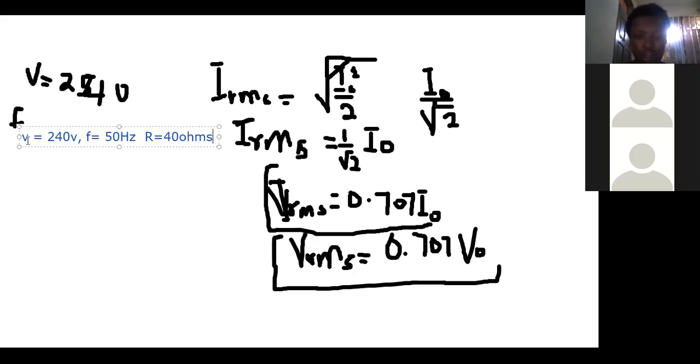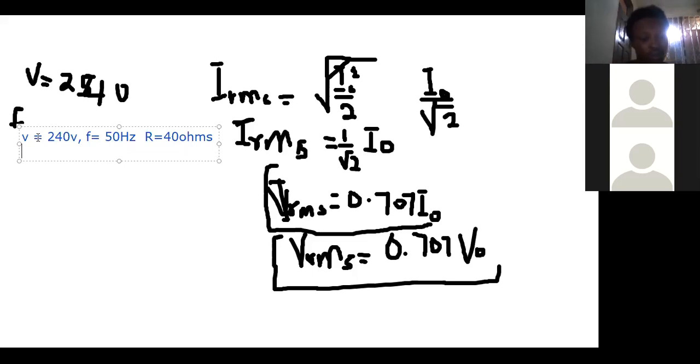The question says you should find the peak current. Now bear with me, looking at this, the peak voltage will be V naught. The V RMS is the resultant voltage, in other words the root mean square, which is the same as the effective voltage, or to our lay person, the total voltage. Are you getting it?